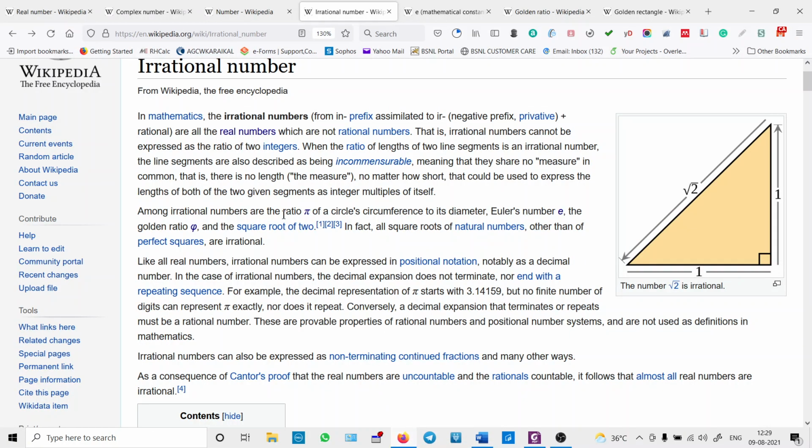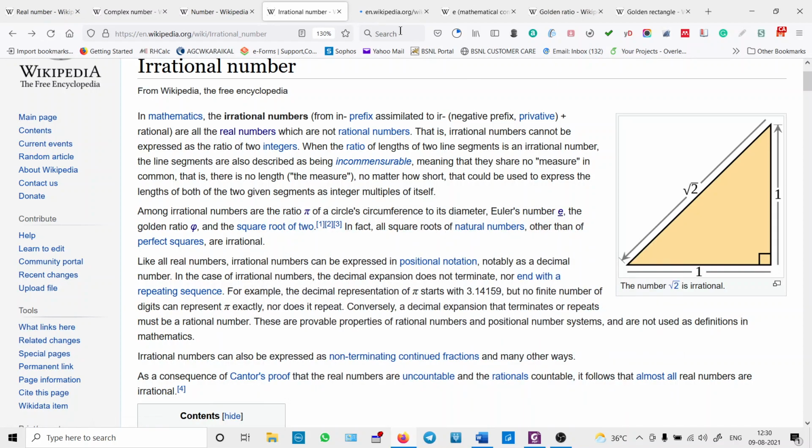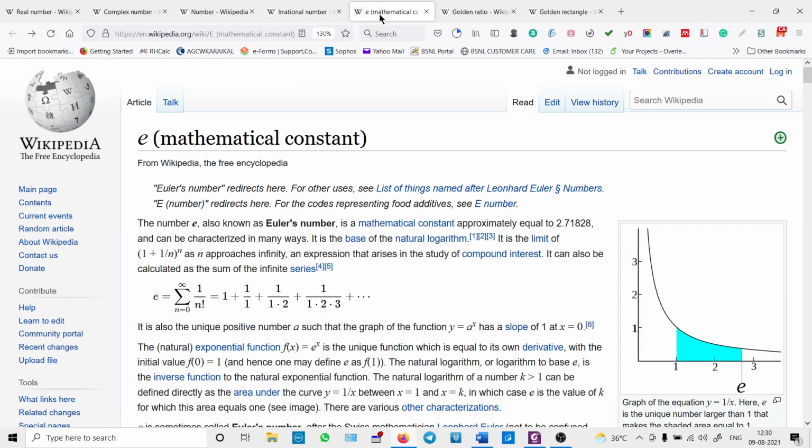This is one of the famous irrational numbers, and the other one is Euler's number e. There are many definitions for Euler's number. See here, another irrational number. This number is also known as Euler's number, and its value is 2.71828, and it continues.